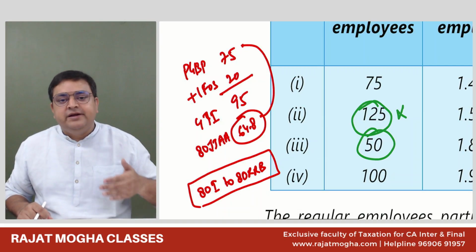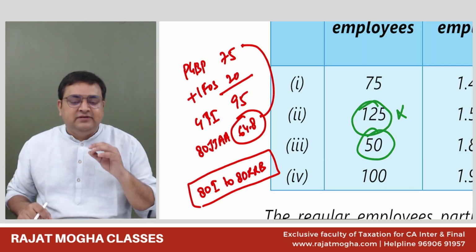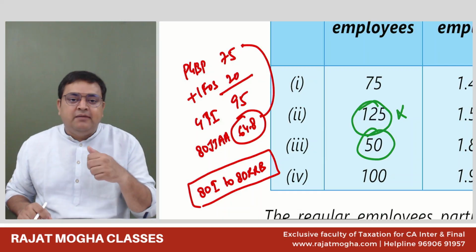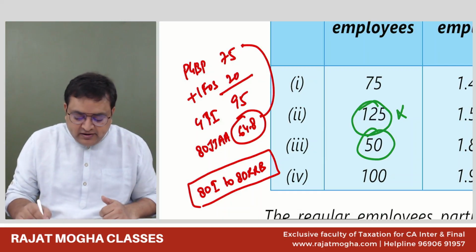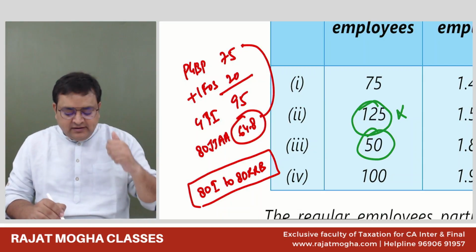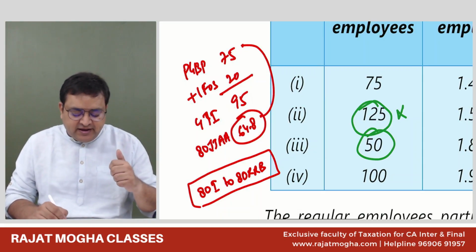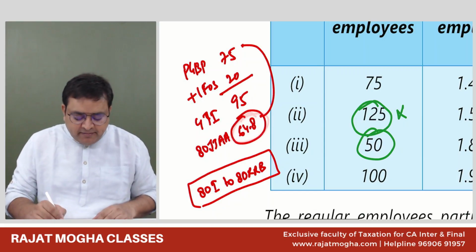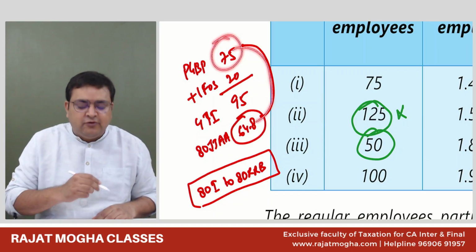But 80JJAA is the only section left in your syllabus where you might make a mistake, giving a deduction because you have an impression in your mind that, sir, my GTI is 95, I can give 64.8. Right now you can give 64.8, but ideally you should compare it with the profit from such business.